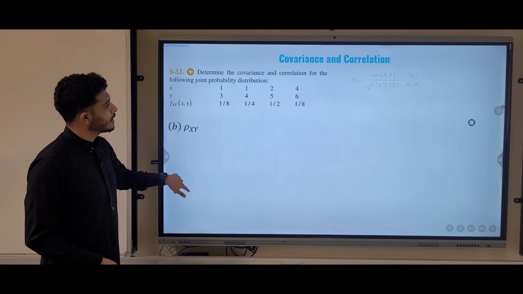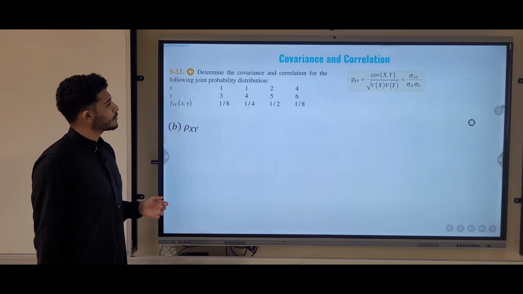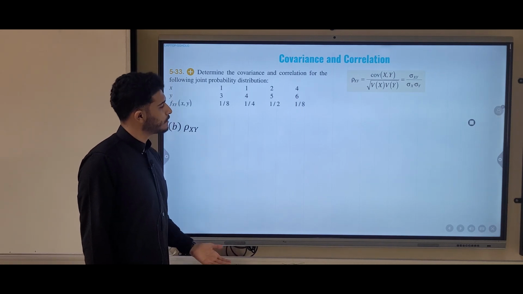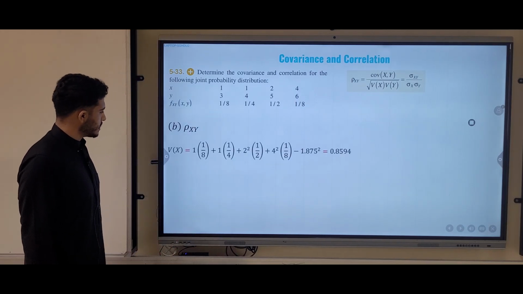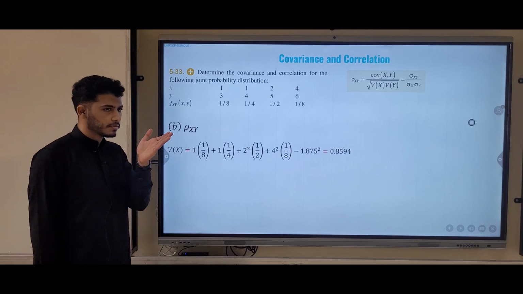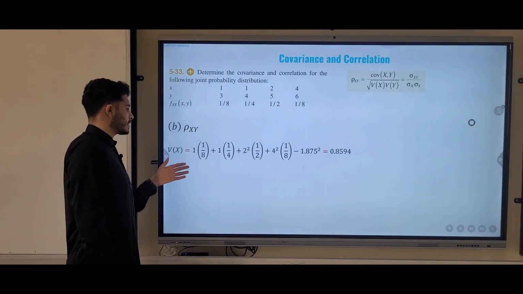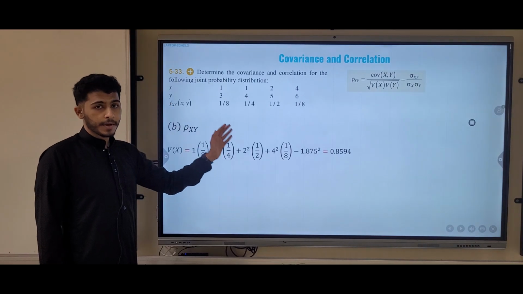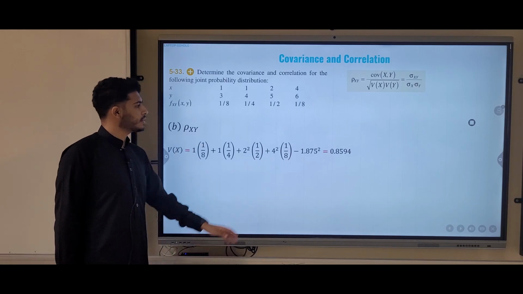Now moving forward to the next part of the question, where we need to find the correlation. So rho xy, let's put the formula there because we are definitely going to need it. The formula says that we need to find the covariance, and we divide by the standard deviation of x and the standard deviation of y. So what we can do in this case is find the variance for x first. The way we find it is almost the same as the way we found the expected value for x, but instead of multiplying by the outcome itself, we multiply by the outcome squared, and at the end, of course, subtract the square of the mean, and you find the answer.